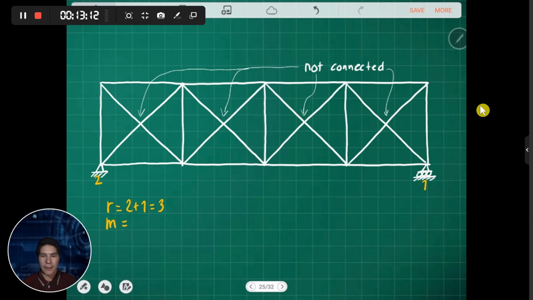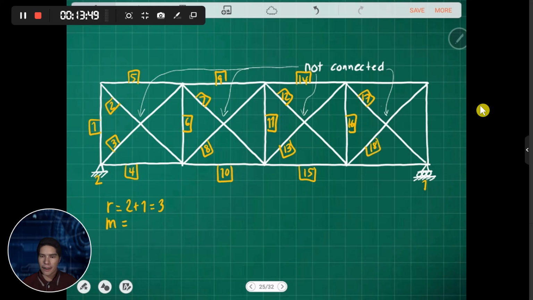So the number of members. We have 1, 2, 3, 4, 5, 6, 7, 8, 9, 10, 11, 12, 13, 14, 15, and then we have 16, 17, 18, 19, 20.